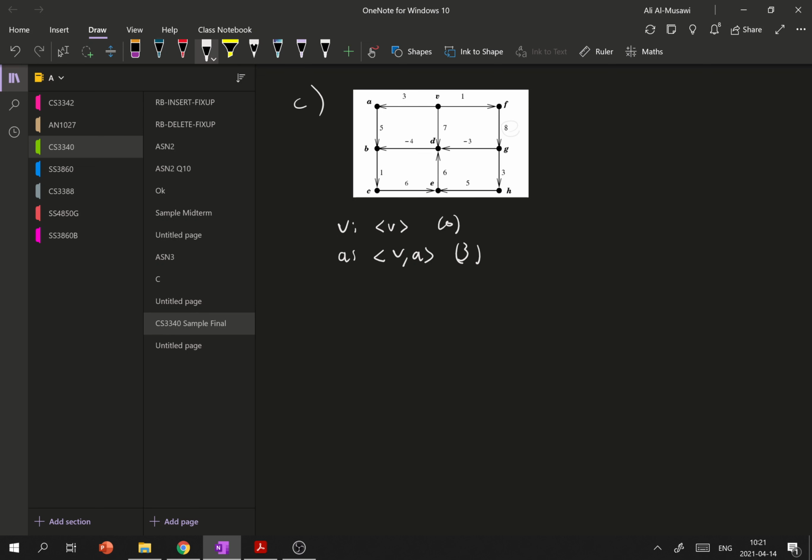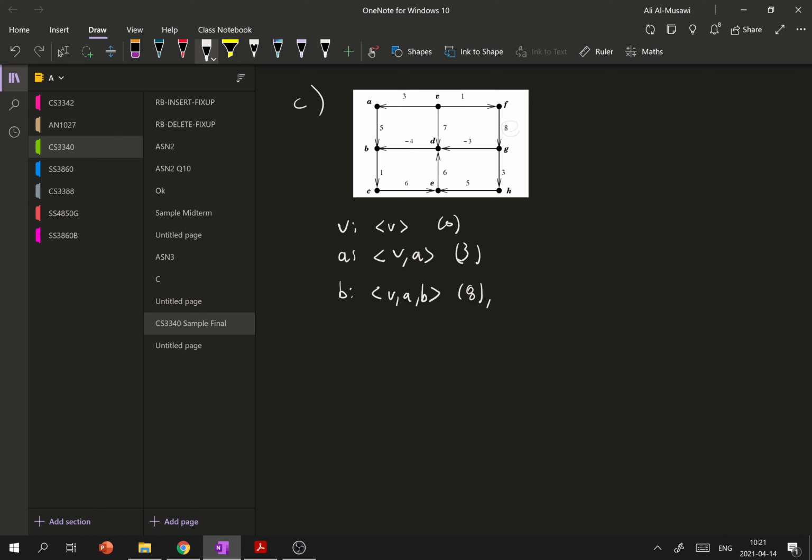Okay, next we have B. The best path to B is either through A or through D. Through A, this would be VAB, and that would be 3 plus 5, 8.